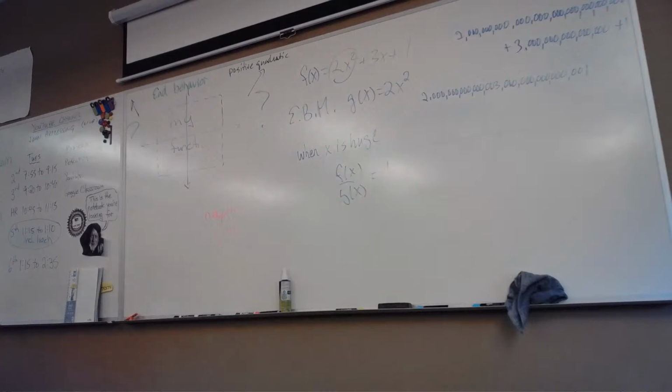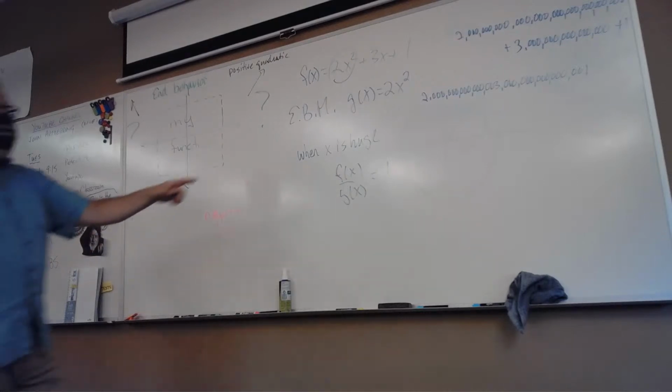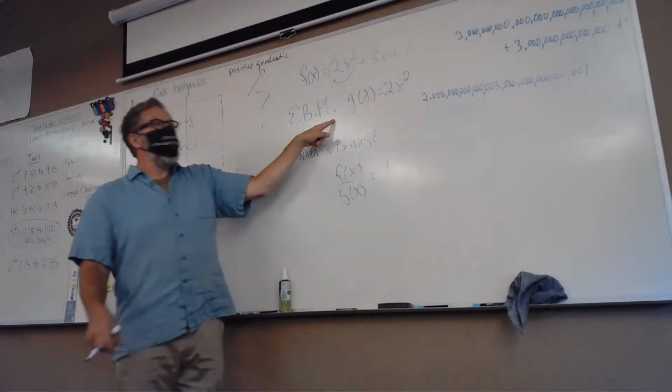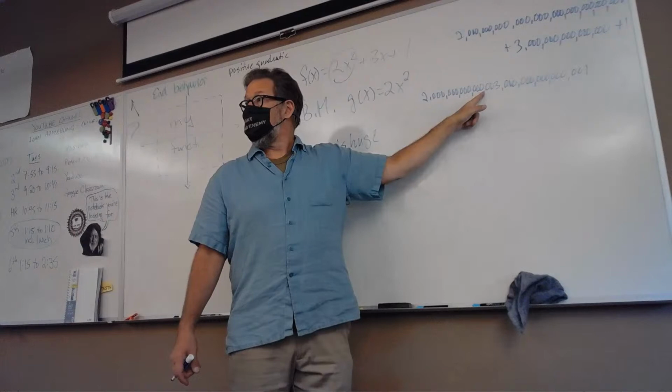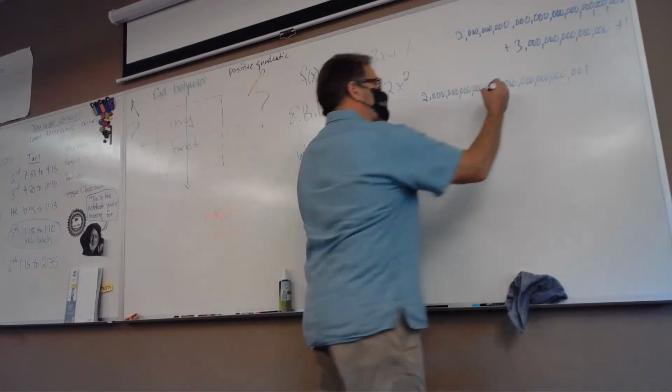Let's make it quintillion. Sextillion, septillion, octillion, nontillion, decatillion. Every time you do that, this number moves way over here, and that number moves a little bit over here. This becomes insignificant.